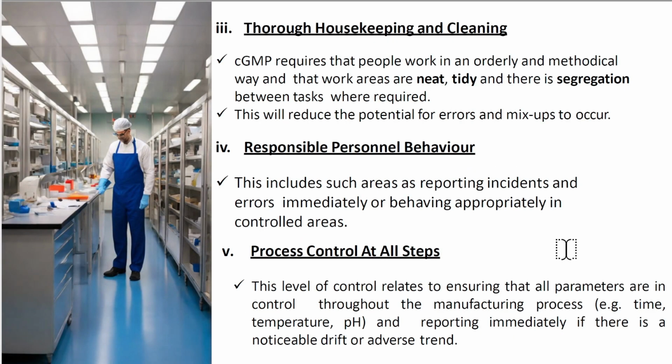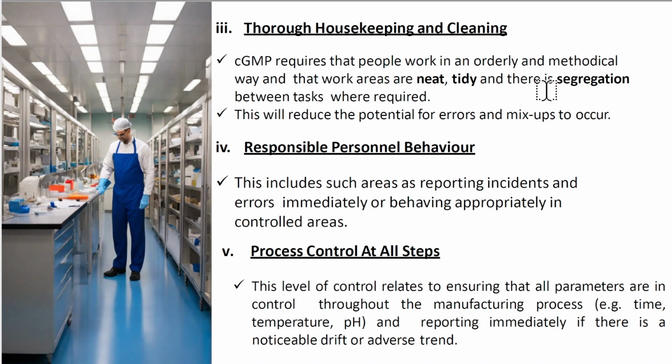Key aspect number 3 of GMP compliance is thorough housekeeping and cleaning. As part of CGMP requirements, people must work in an orderly and methodical way, the work areas must be neat and tidy, and there must be segregation or separation between tasks where required.